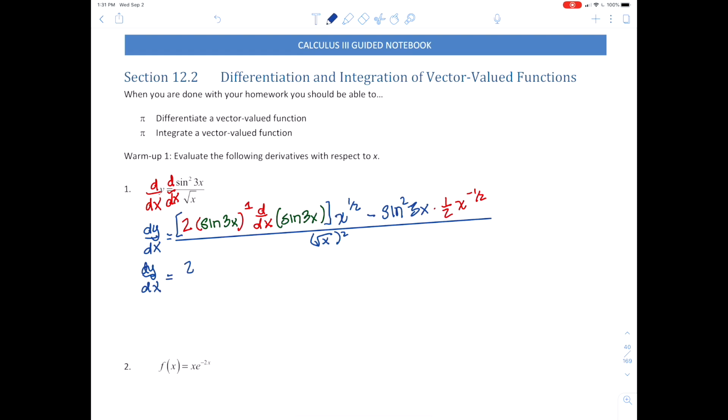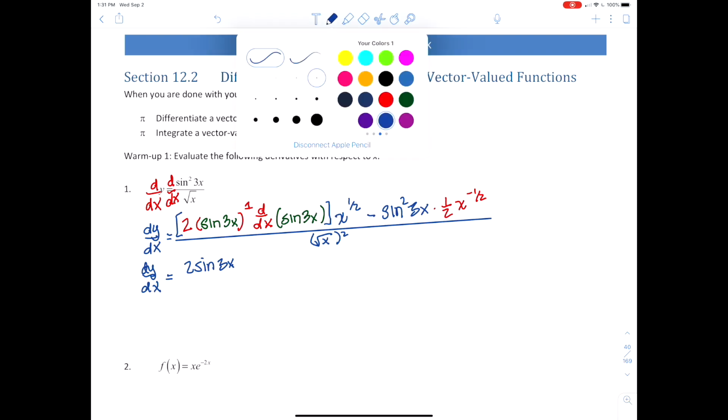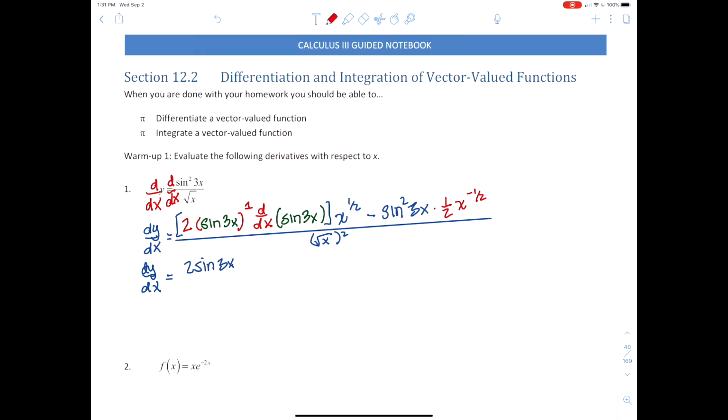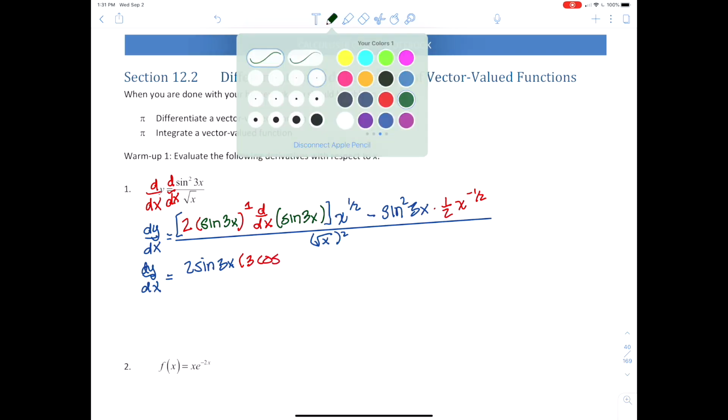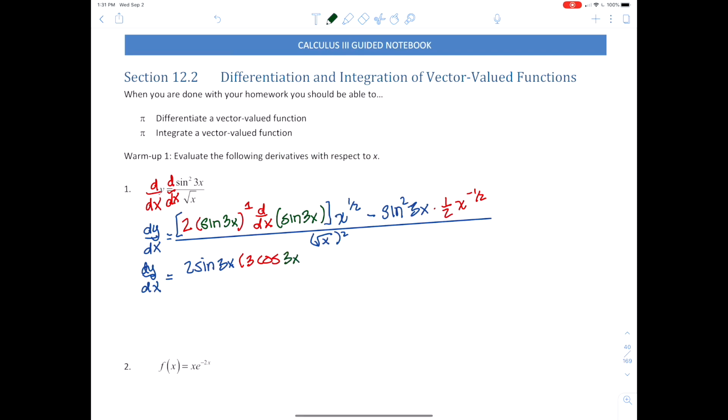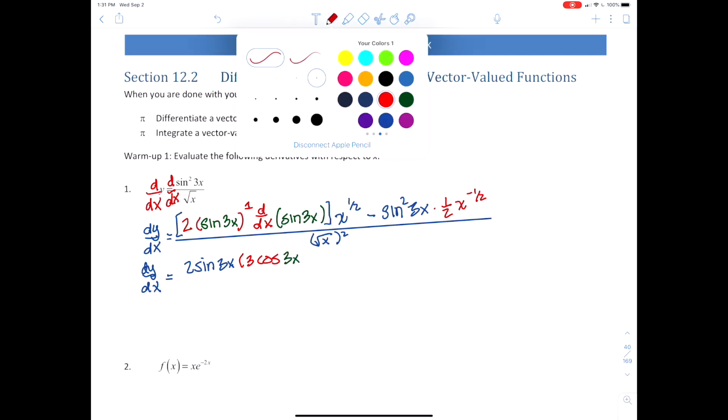So continuing with that derivative, we'll have 2 times sine of 3x. Applying the chain rule again, I'm going to do it a little faster. The derivative of the numerator is 3, and then when we differentiate sine of something, we get cosine of that something. That something was 3x. Cool?